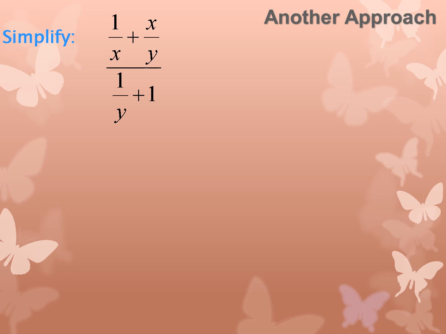Well, this is just another approach. Instead of doing the LCD of the whole problem, we're going to do an LCD of the top, clean up the numerator, do an LCD of the bottom, clean up the denominator, and then flip and multiply so that we can clean up the fraction even more.